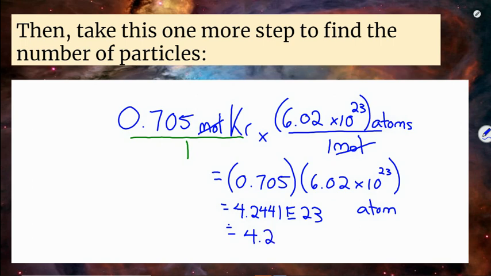And I'm going to just go 2 places behind the decimal, 4.24 times 10 to the 23rd atoms of krypton. And that's how to go from volume of a gas to moles of a gas to the number of particles or atoms of a gas.